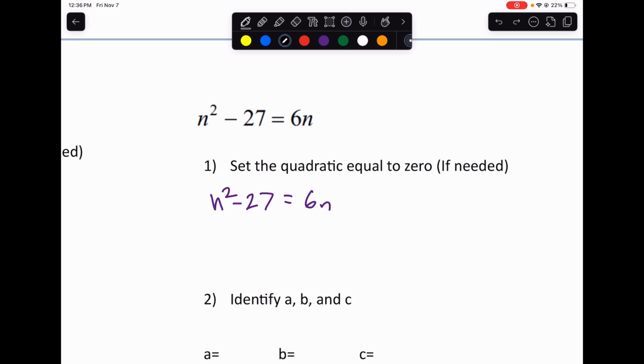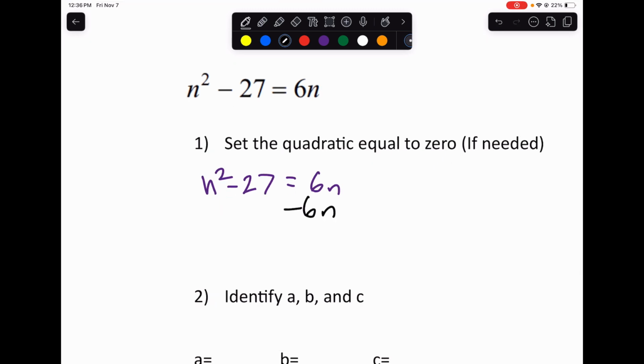If it's negative when you move things over, I would move everything over to the opposite side so that this guy in front remains positive, okay? So we subtract 6n from both sides, and we combine like terms, which there really isn't any, so we just end up with n squared minus 6n minus 27 equals 0.